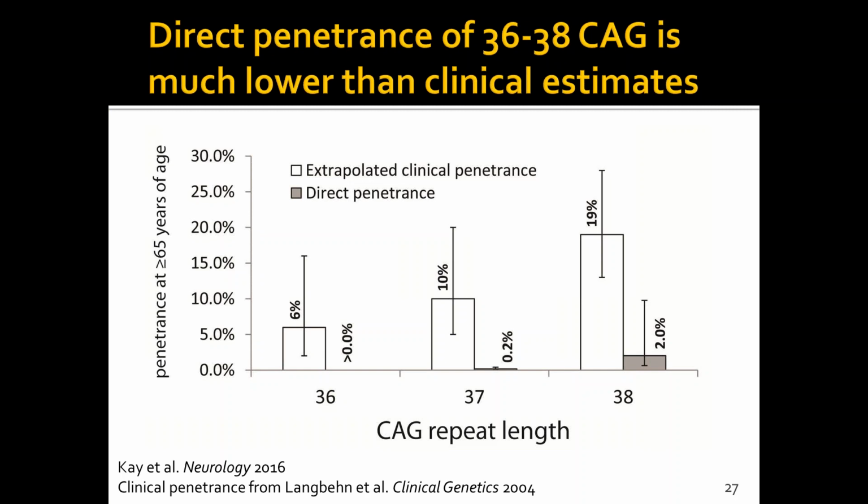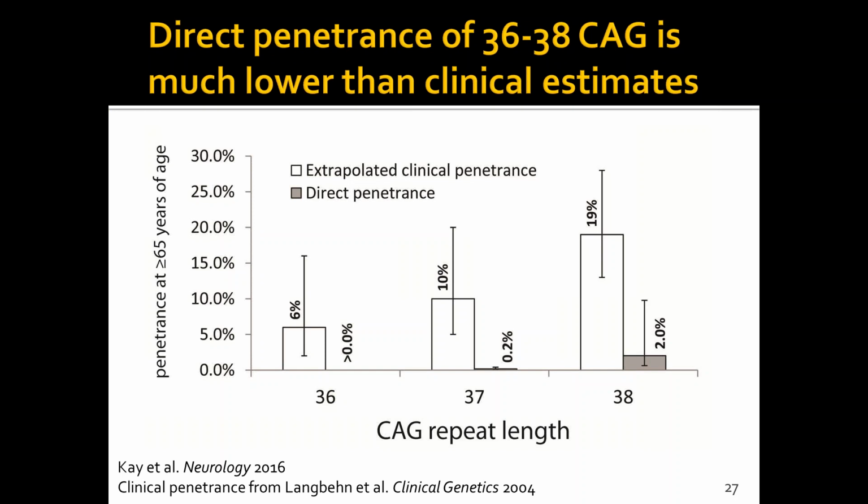There is a predisposition, particularly in the intermediate allele range, 27 to 35, for expansion when that allele comes from a father. This is not as pronounced in the Huntington disease range. There's still a bias towards expansion from fathers. However, there is quite a lot of instability when the allele comes from a mother as well. Principally, the bias is in the intermediate allele range.